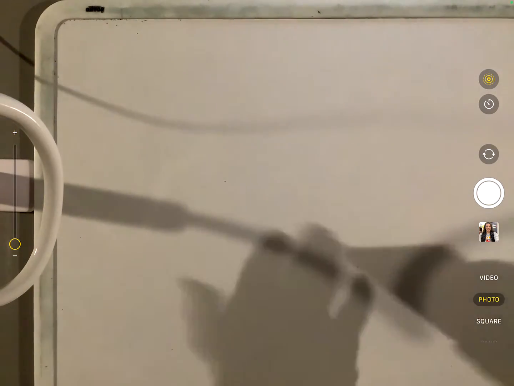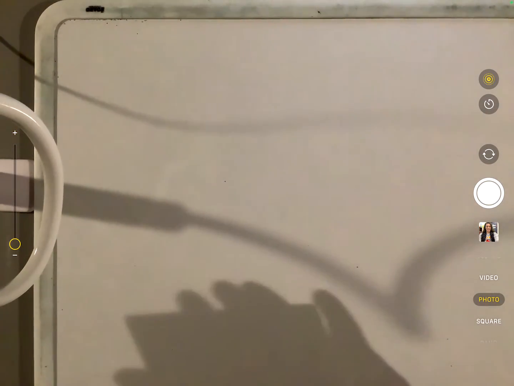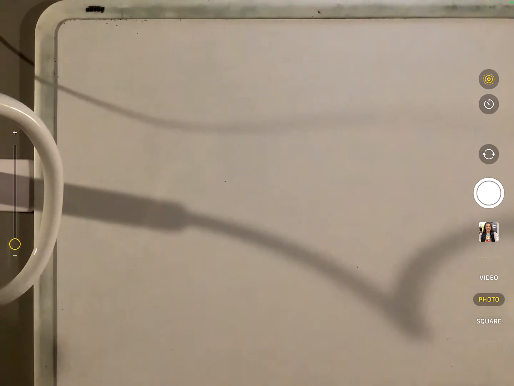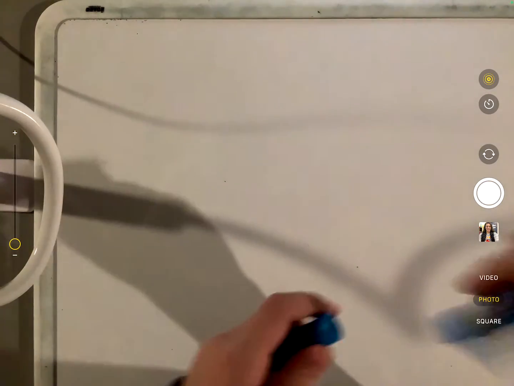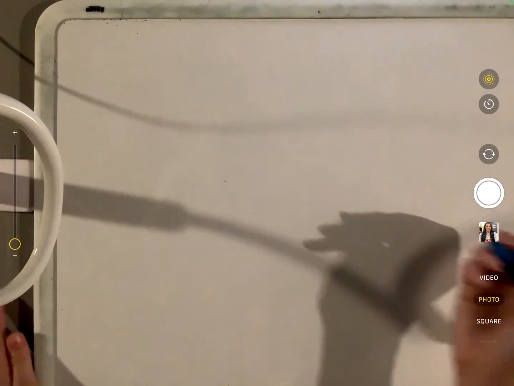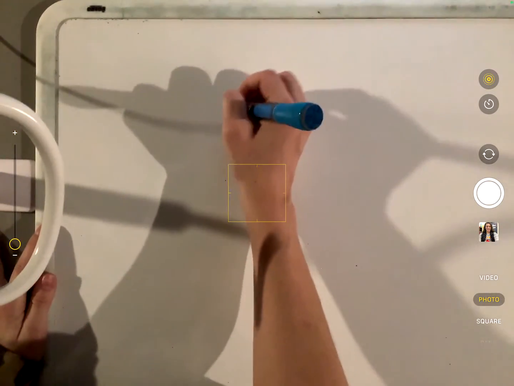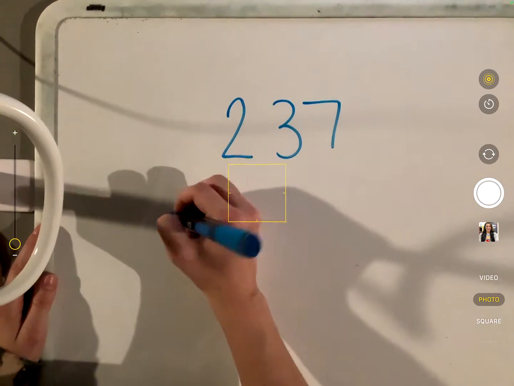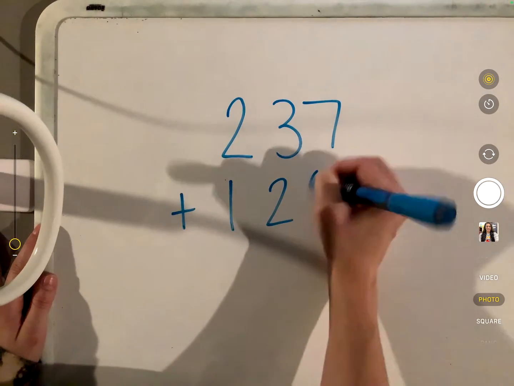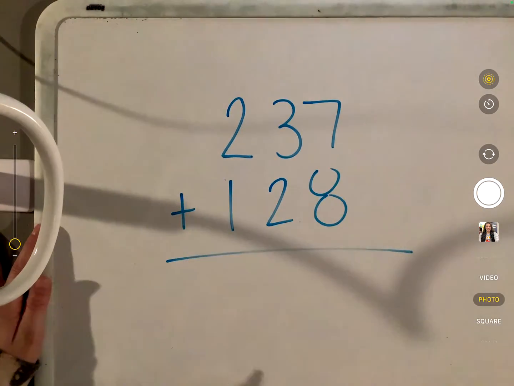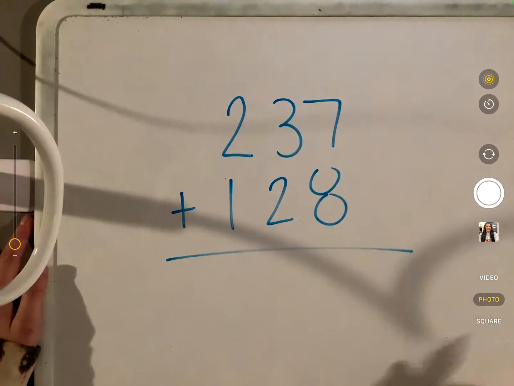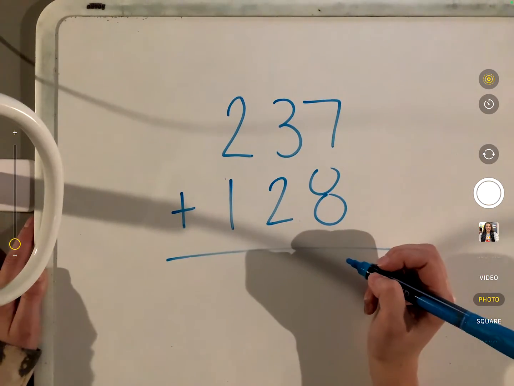All right, so as you know, we have been working with addition and subtraction, right? Okay, so if I gave you this problem, 237, and I asked you to add 128, using the standard algorithm, what you would do is you would start with your ones, you would add 7 and 8, and you would get 17, right?